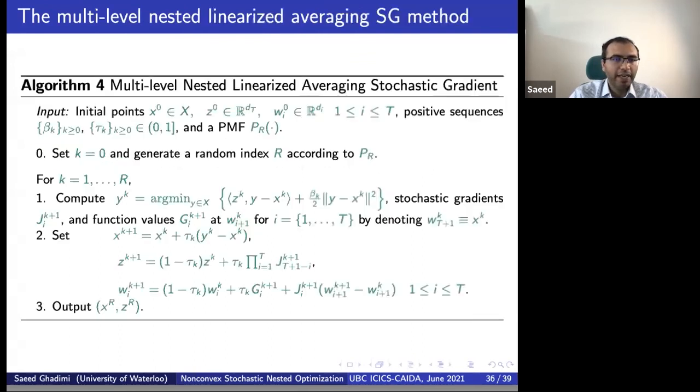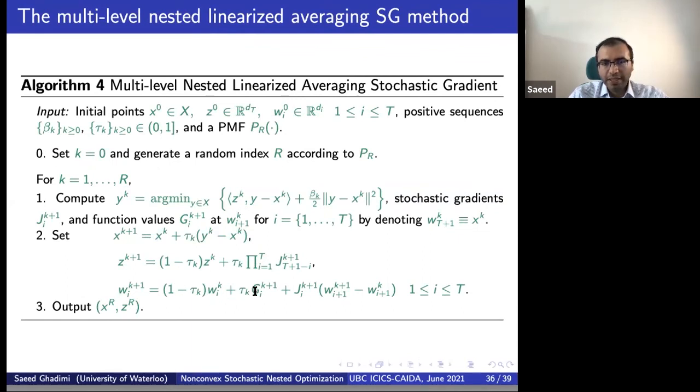So in the next few minutes, I will discuss another algorithm that relaxes the need to take a batch of samples per iteration. This algorithm is the same as the previous algorithm. Again, you have a subproblem, and you take the convex combination of the solution to the subproblem and the convex combination of the stochastic gradients.